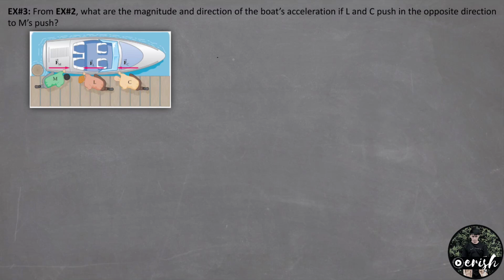I-create ulit natin yung free body diagram with the boat converted into a point. Si f of m natin is to the right. Considering positive ito. And this is f of m. And si f of l naman is to the left na, directly to the left. Same with f of c. Ito si f of c.